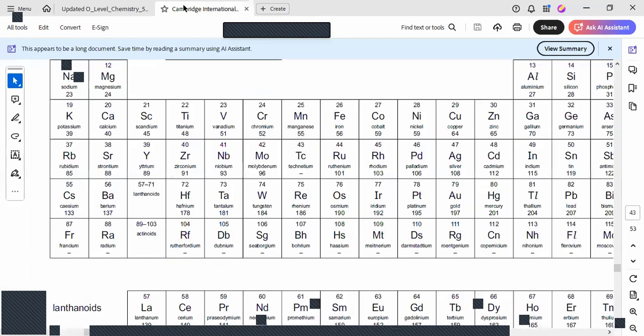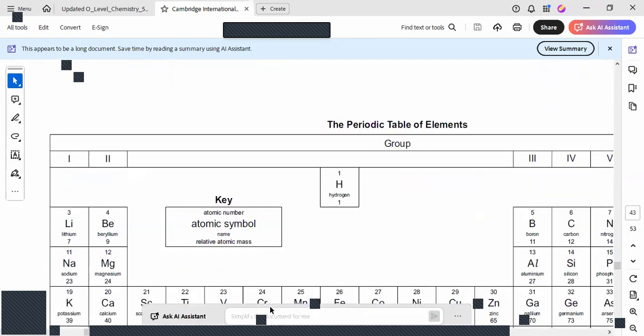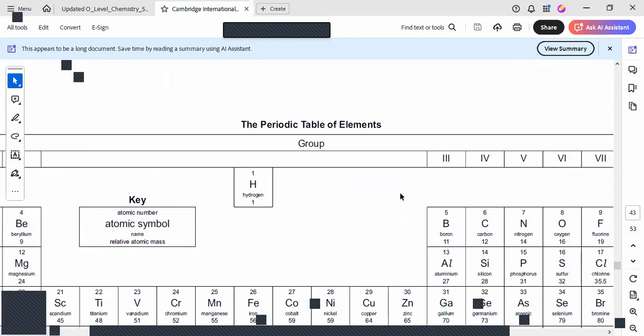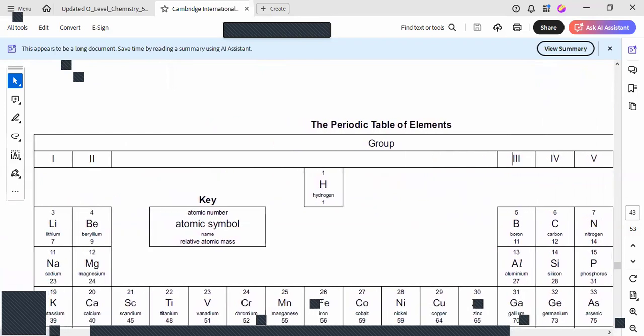So here is the periodic table with you guys. You can see over here that atomic number 1, the first element of the periodic table, is hydrogen, and then we have helium, and so on and so forth.